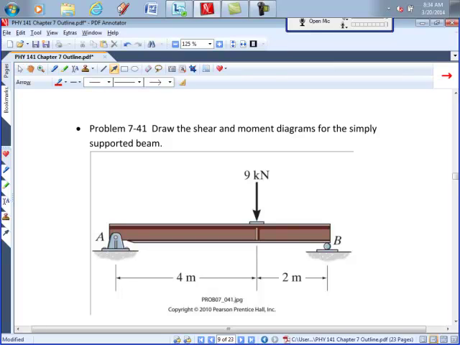So we would find the reactions at A, which are going to be a y component force and an x component force, but by method of staring, we can probably guess that that x component is going to be 0. And at B with the roller, we can only have a y component.